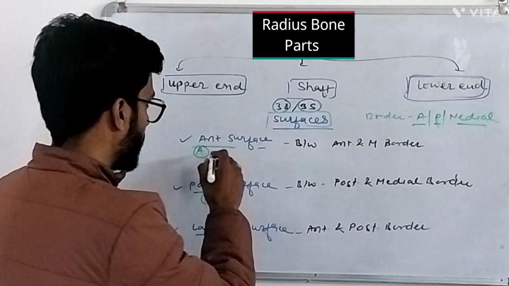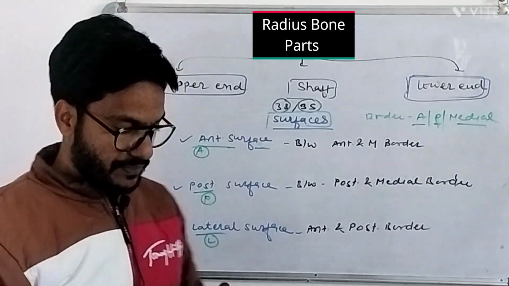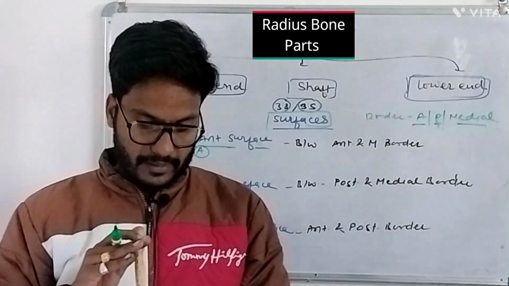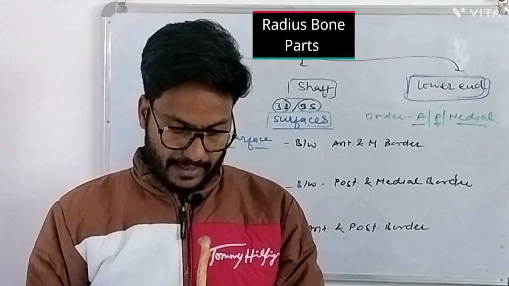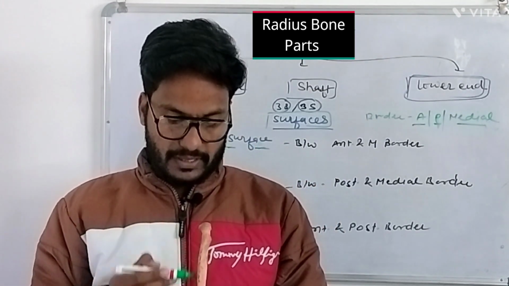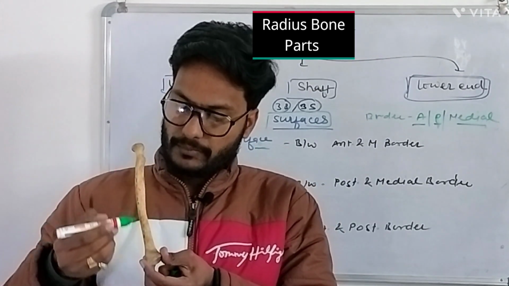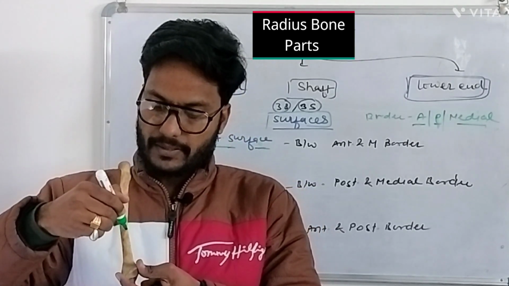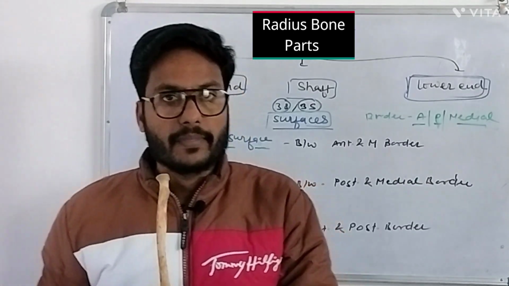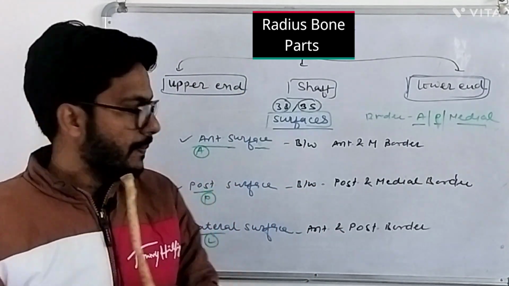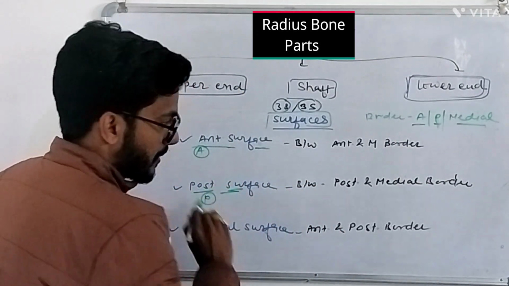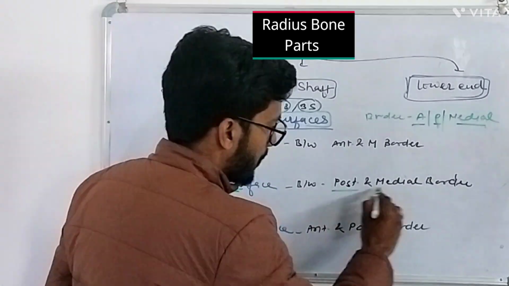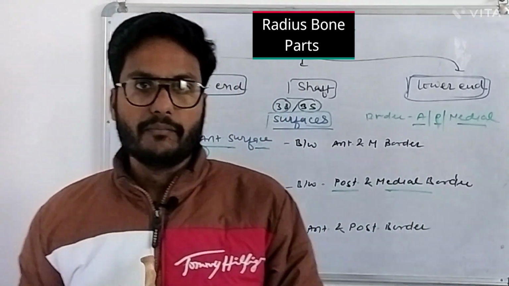तो एक एक सरफेस की हम बात करते हैं। वन इज एंटीरियर सरफेस। एंटीरियर सरफेस इज सिचुएटेड between the anterior border and the medial border. So this is the anterior border and this is the medial or interosseous border. So this surface is known as anterior surface. Posterior surface is situated between the posterior and the medial border.